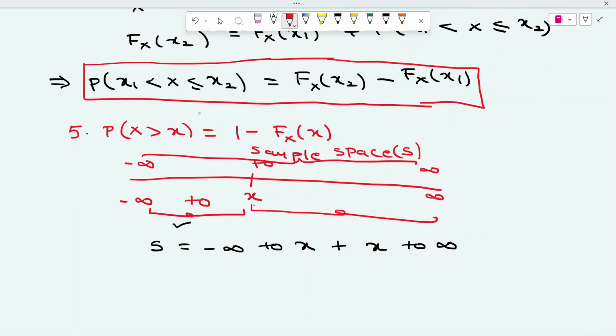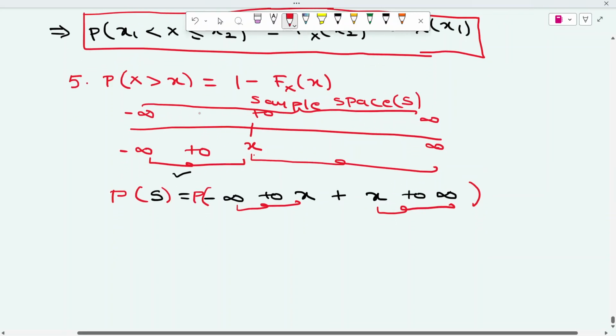Now if we apply probability on both sides, probability of the sample space and probability of this thing. Both are mutually exclusive events. Probability of the union of two events, we can write as the sum of probabilities.